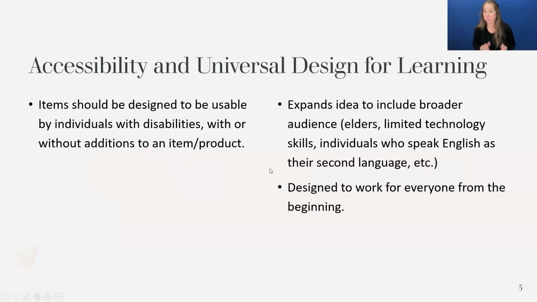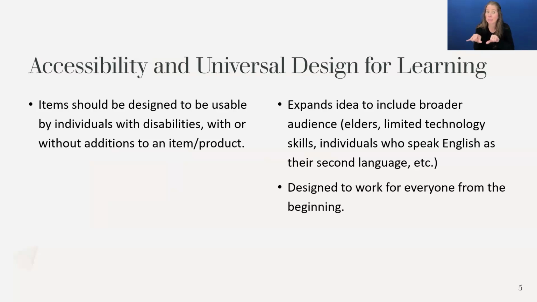All right, so accessibility and universal design for learning. UDL and accessibility, they both are focused on increasing learning access and reducing barriers for students. Now, the accessibility regulations, the ADA rules that we have, guarantee that people with disabilities have the same opportunity as everyone else.